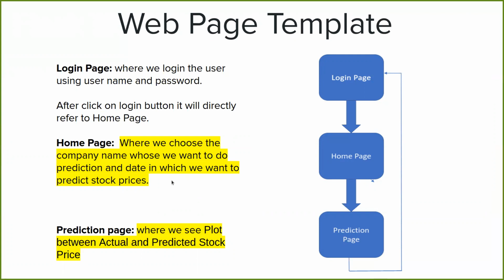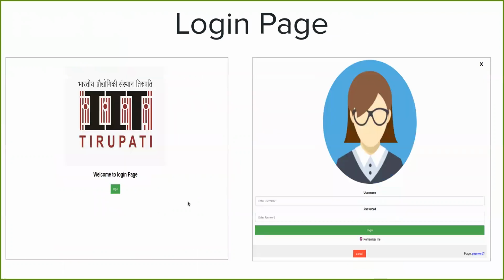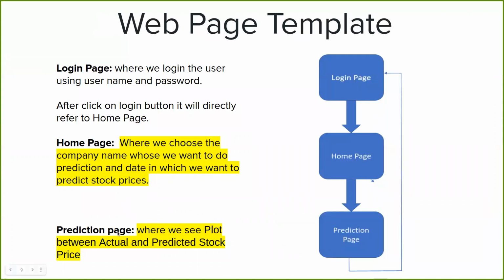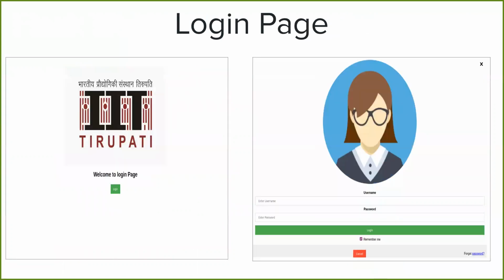After submitting both inputs, we go directly to the prediction page, where we see the plot between actual and predicted stock prices. This is the login page; whenever we run our server program, we will see this screen first. Here, when we click the login button, then we will see this page.